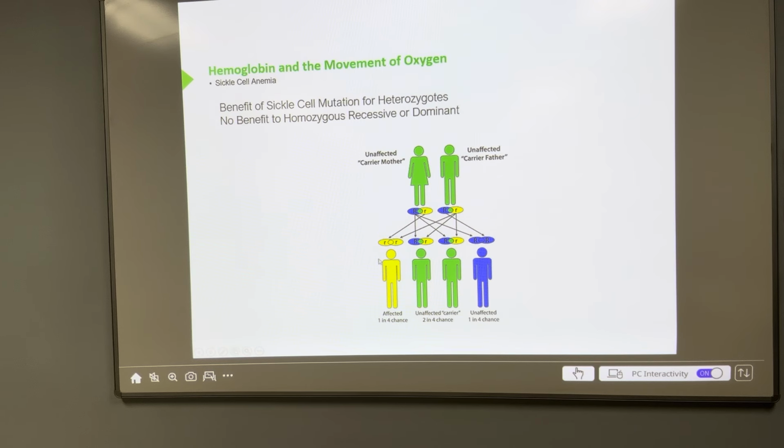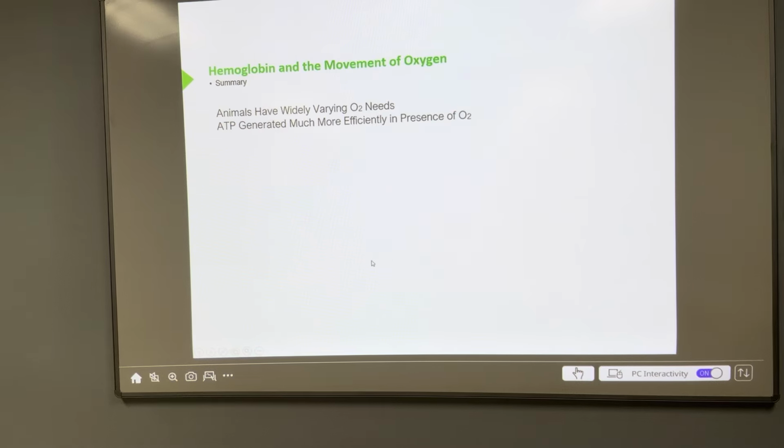If you are a carrier, you survive. The benefit is for those with a big copy and a small copy. If you have two little r's or two big R's, there's no advantage for you, only for the heterozygous.